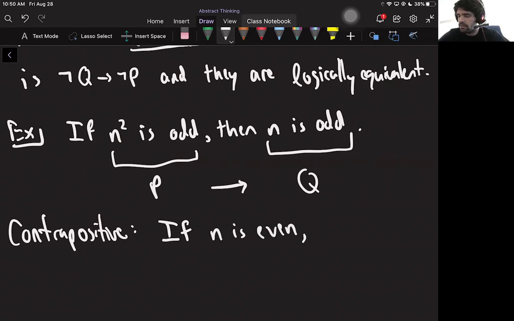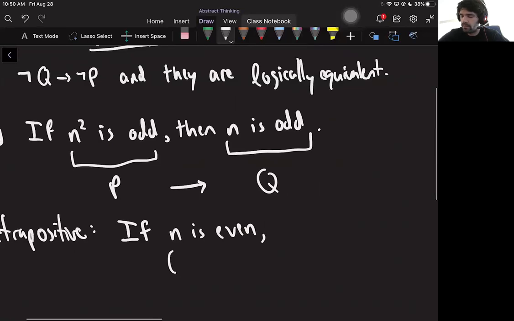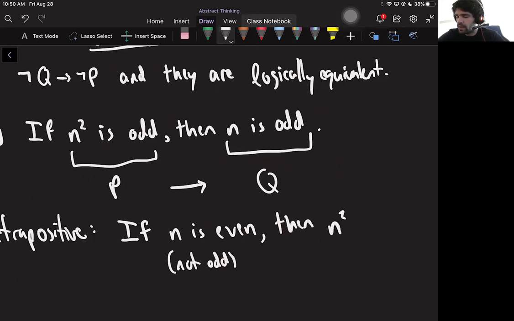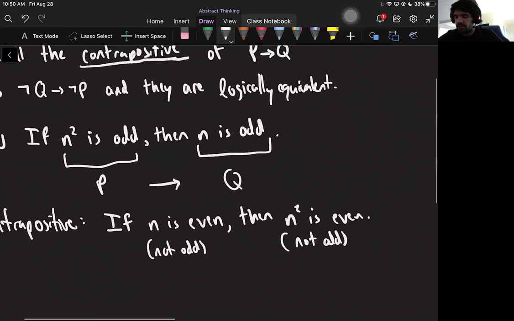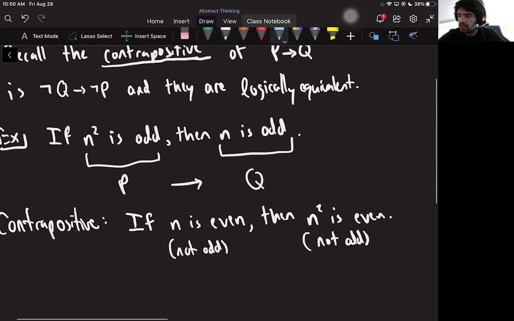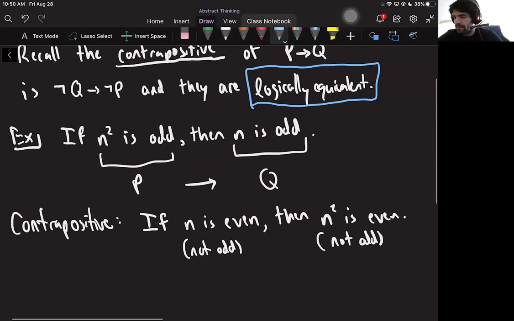If n is even, then n squared is not odd either, aka even. So this is the contrapositive, and the fact that they are logically equivalent tells us that they are saying the same statement. They are the same statement.